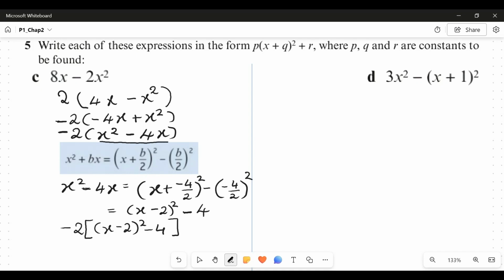Now let's try to break the brackets by multiplying our two terms. We're going to multiply this term and this term with negative 2. So we'll get minus 2 x minus 2 whole square, and minus 2 times minus 4 is positive 8. And that is our answer.